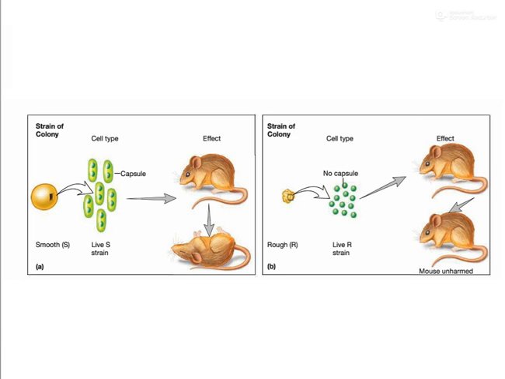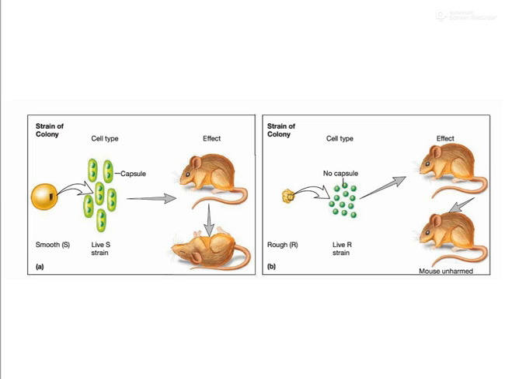The significance of the capsule in pathogenicity is explained by this experiment, called Griffith's experiment. In the case of Streptococcus pneumoniae, there are two different types of strains: the smooth strain and the rough strain.